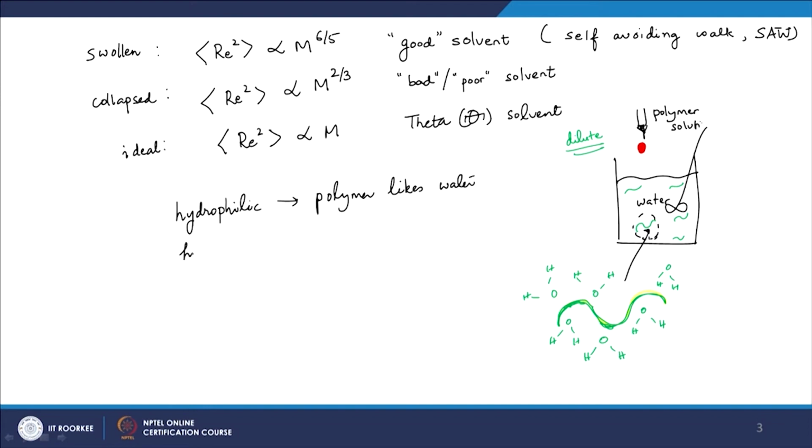And if it is hydrophobic, then the polymer hates water.